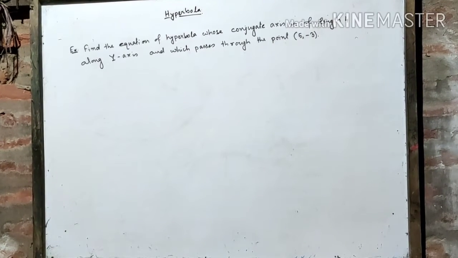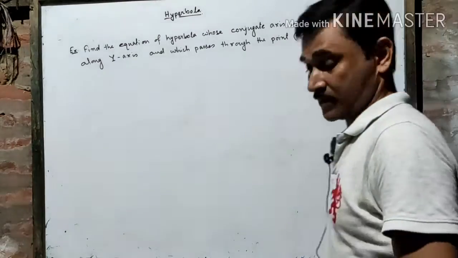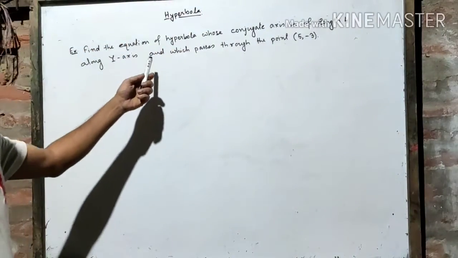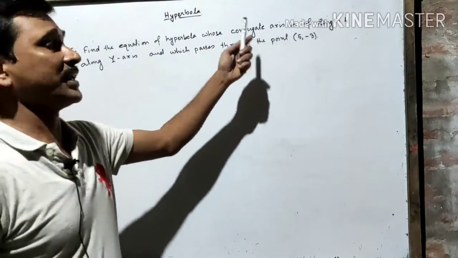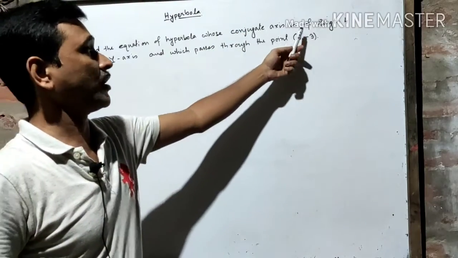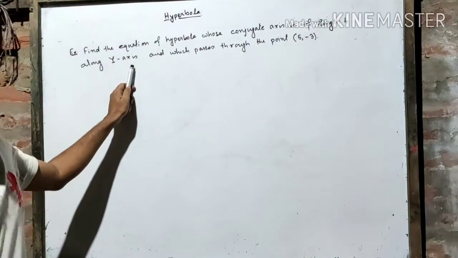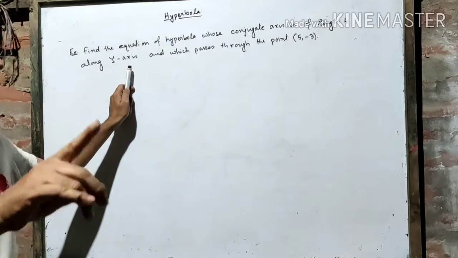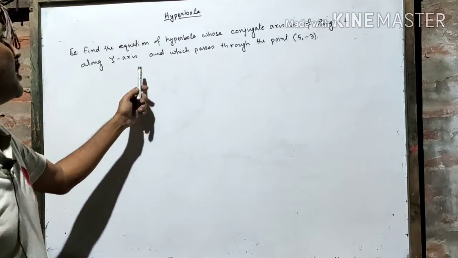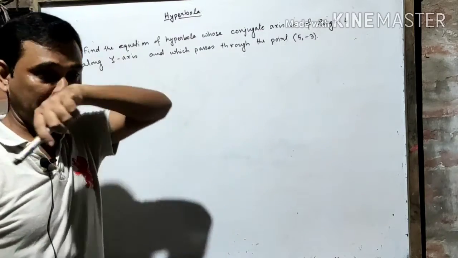So second question, find the equation of the hyperbola whose conjugate axis is of length 4 along y-axis. So conjugate axis is along y-axis and its length is 4 units and which passes through the point (5, -3).